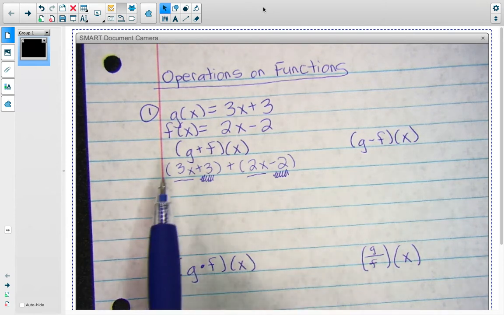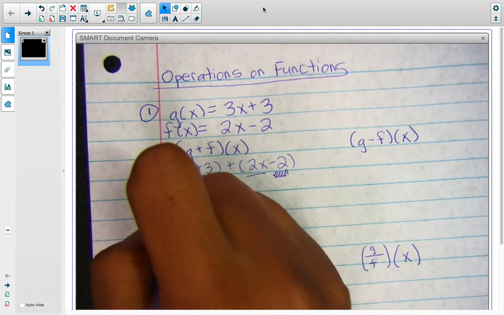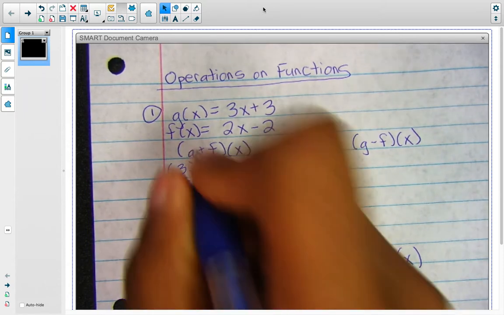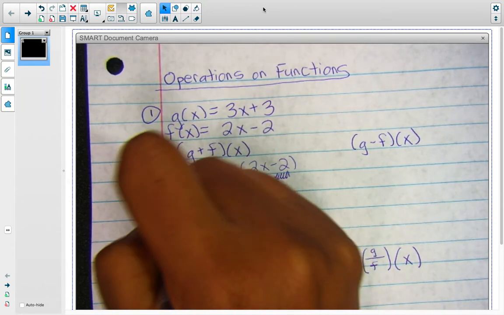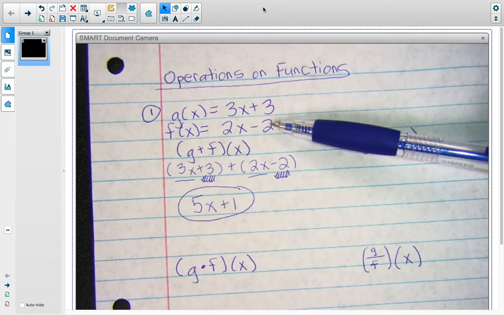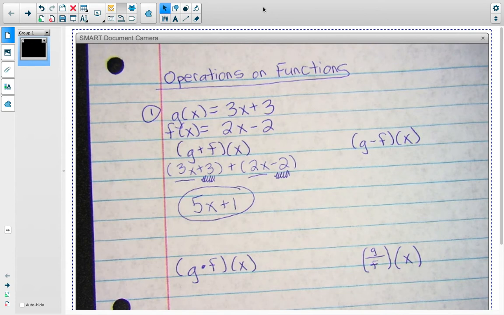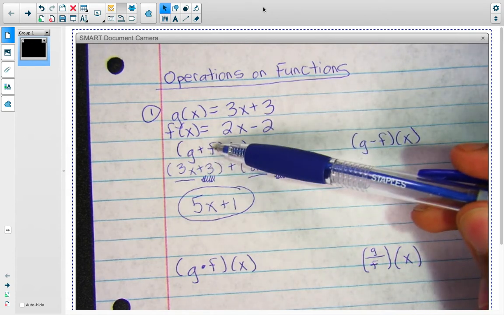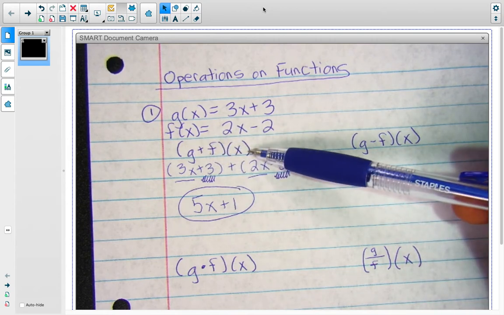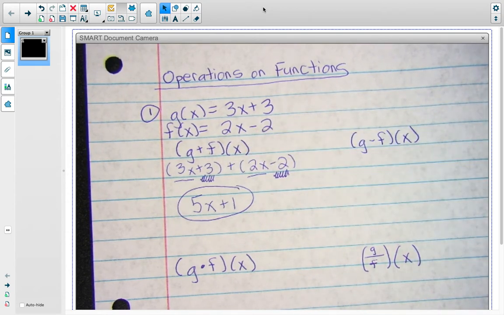Regardless of where you are, 3x plus 2x is going to be 5x, and 3 plus negative 2 is going to be 1. So the final answer, once I added these two functions together, is 5x plus 1. So g plus f of x, that was the question they were asking us. I add those two together by adding and subtracting like terms.